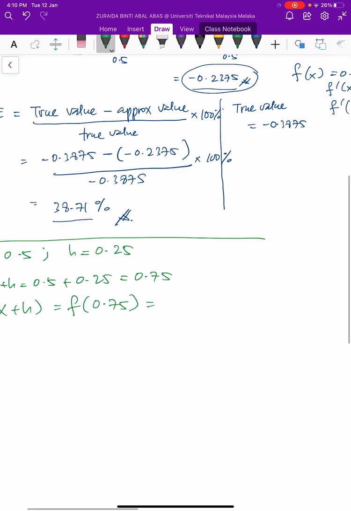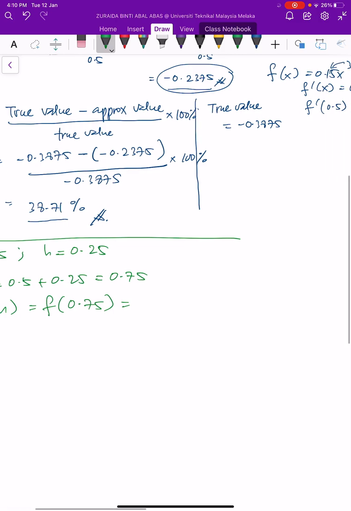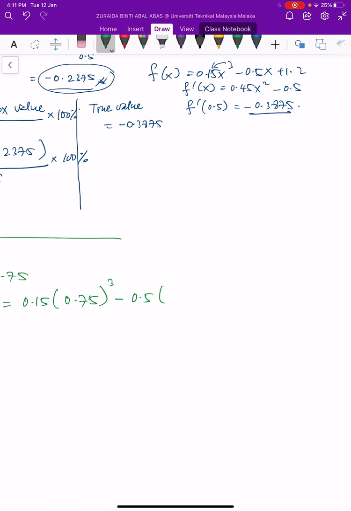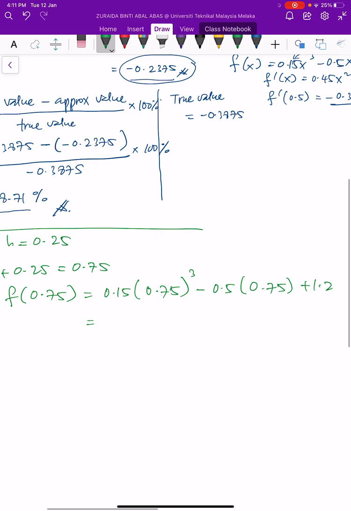Simply plug into the function: 0.15 times 0.75 to the power of 3, minus 0.5 times 0.75, plus 1.2. That will give you 0.888281. That is only the value of the function when you add x and h.